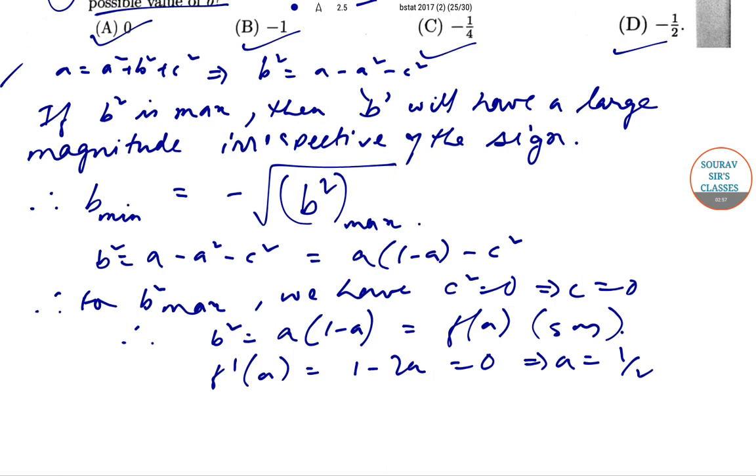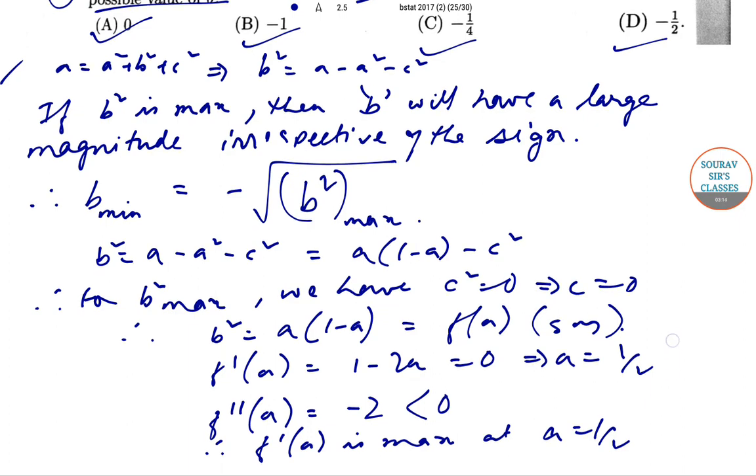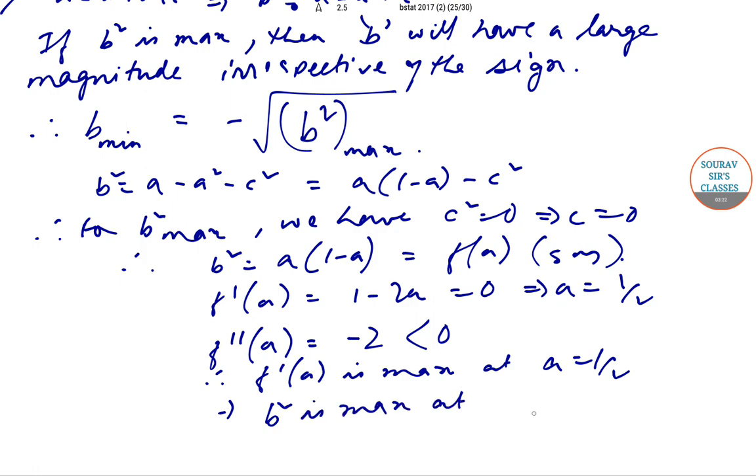In the next step we find out f double dash A. Now f double dash A is equal to -2. Therefore we can say that f A is maximum at A equal to 1 by 2. In other words, B square is maximum at A equal to 1 by 2.